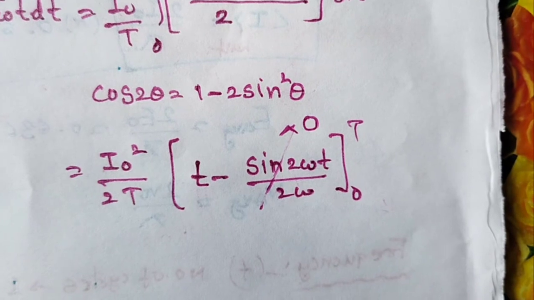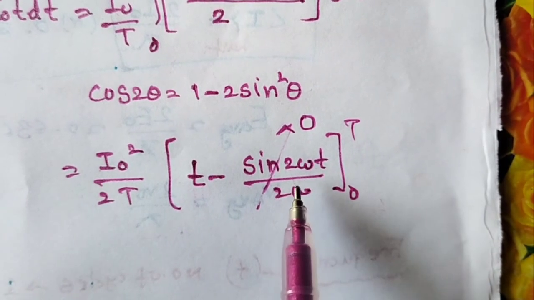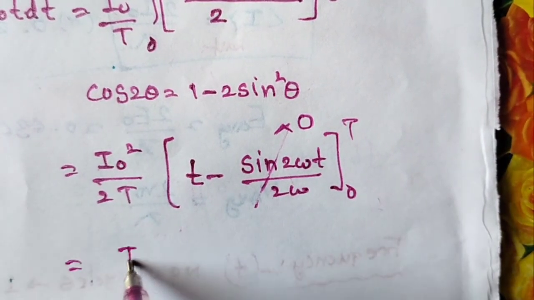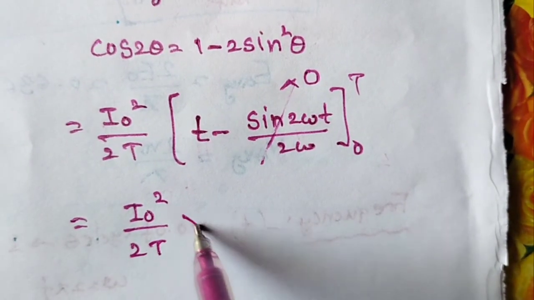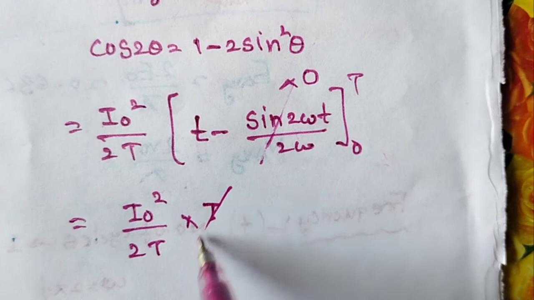If you calculate the integration, it is compulsorily a 0 value. So the remaining term is I naught square by 2 T.